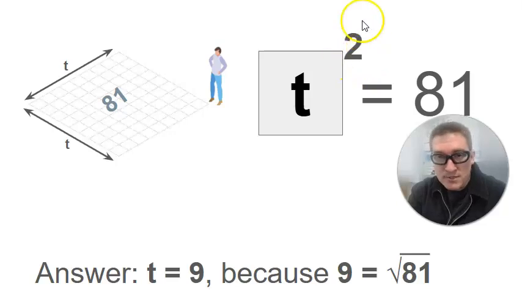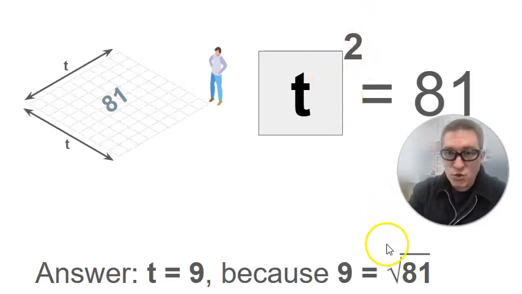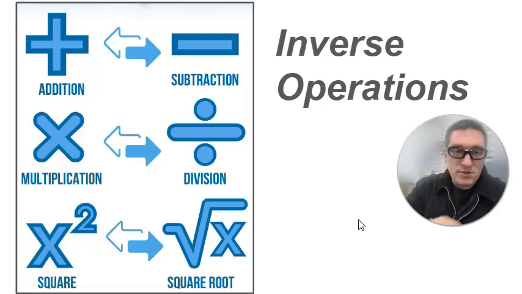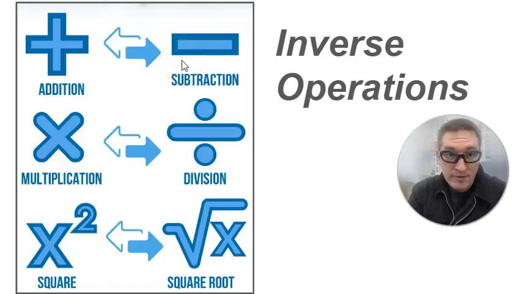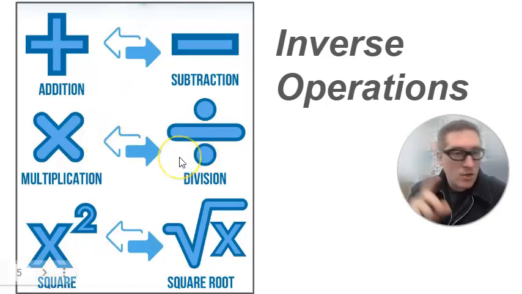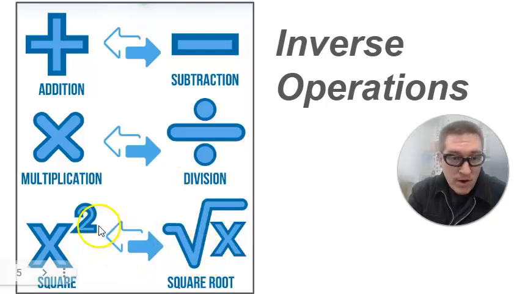The opposite of squaring is a square root. So these are the inverse operations. Up until now, we learned that addition and subtraction are inverses of each other, and they can help me solve these one-step equations. Multiplication and division are inverses of each other, and they can help me solve these equations. And that square root and squared are inverses of each other.